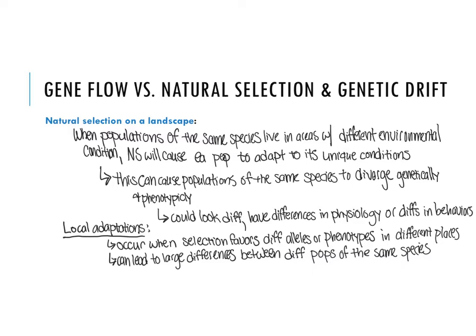So how does gene flow, right? Because remember, we're layering gene flow on top of natural selection. How does gene flow interact with this? So how does gene flow interact with local adaptations?